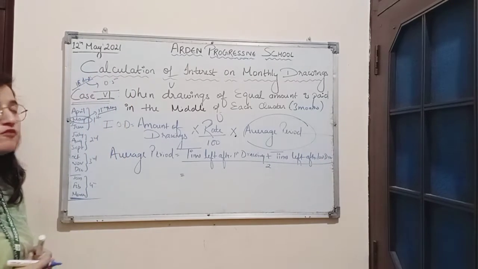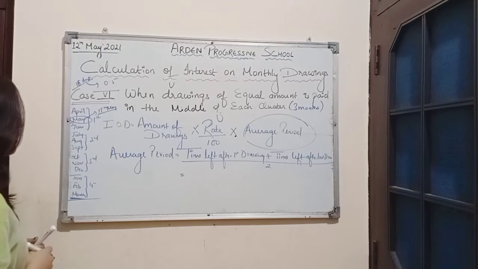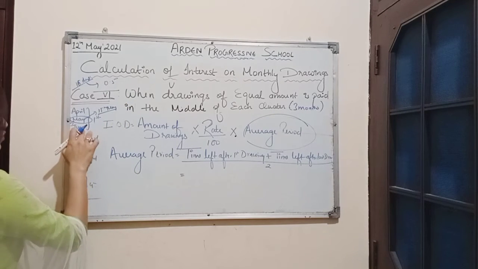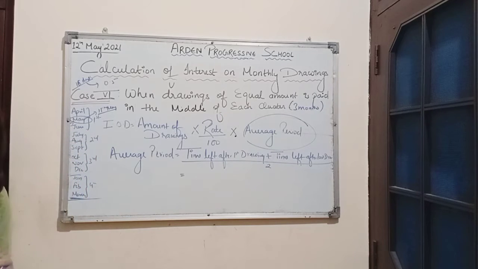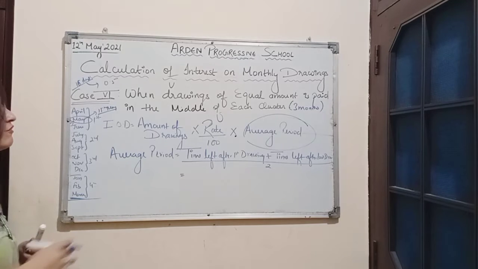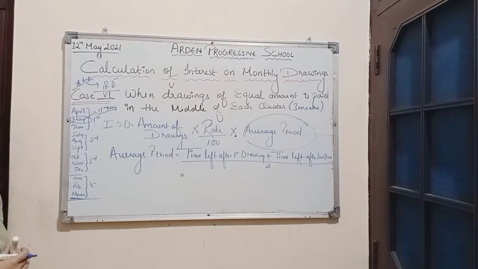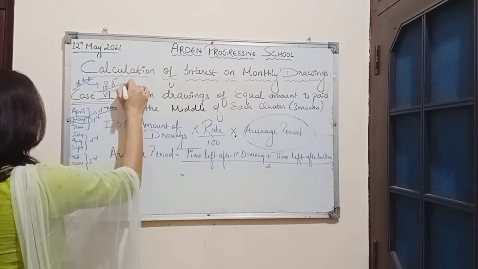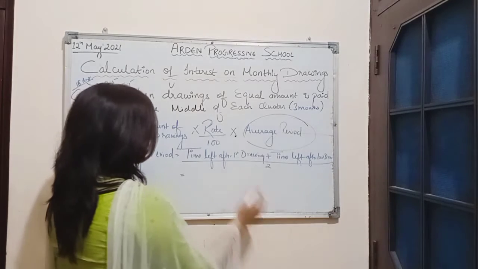We can write half month as 0.5 months, and the remaining months will be June, July, August, September, October, November, December, January, February and March, which is in total 10 months. So 10 months from June to 31st March and half month of May. So total will be 10.5 months.